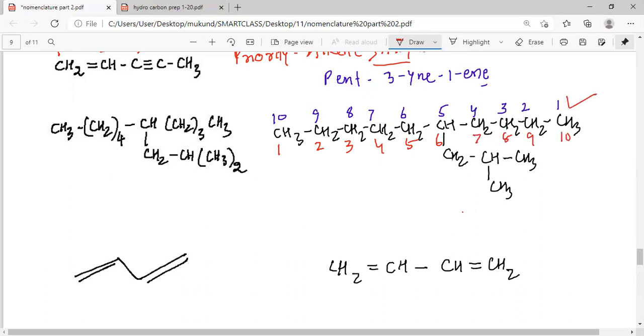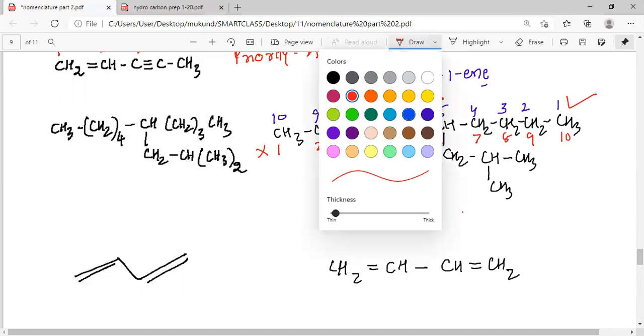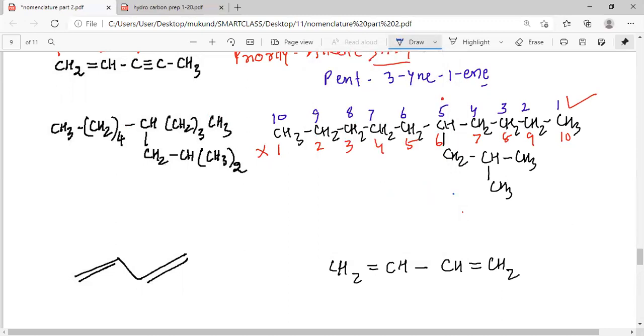This is what we consider as the correct one, and this is the wrong one, because the branching is on the 5th carbon, which is better. Now we can give numbering to the other carbons too, that we have 1, 2 and 3. On the second carbon we have a methyl group, so it is 2-methyl propyl. So on the 5th carbon we have 2-methyl propyl. Please remember, on the 5th carbon we have 2-methyl propyl decane.